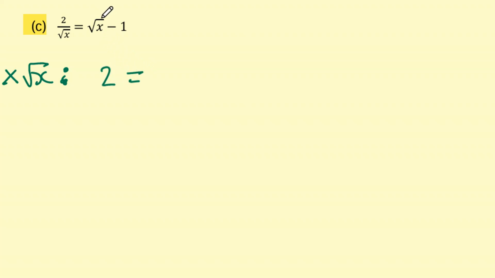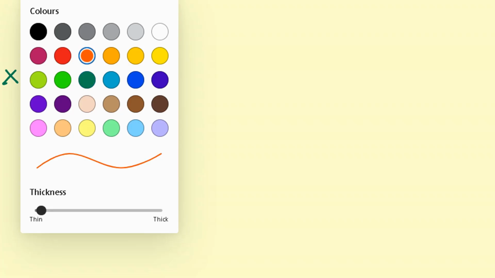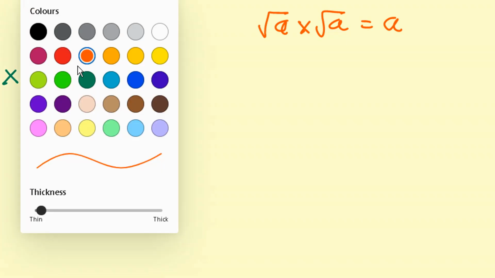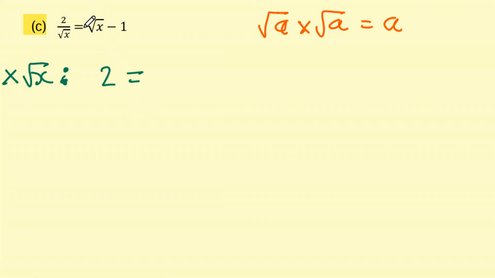Then on the right-hand side, we have the square root of x times the square root of x. Now, remember this rule: the square root of a times the square root of a is equal to a. So then on the right-hand side of this equation, we have square root x times square root x, which is x. And 1 times square root x is square root x.